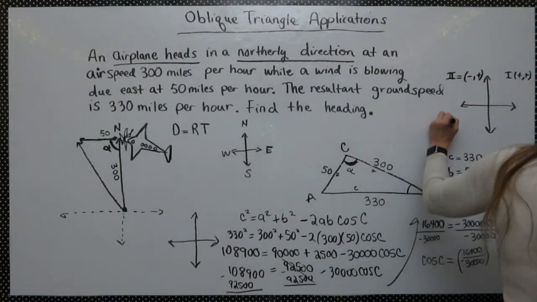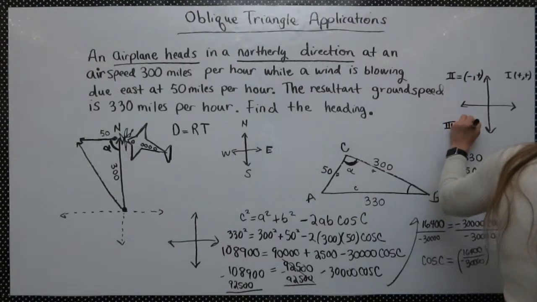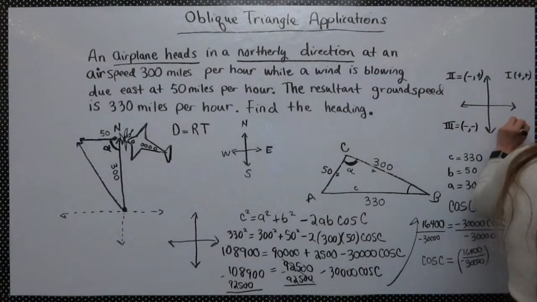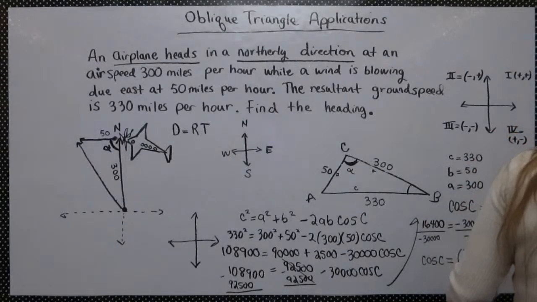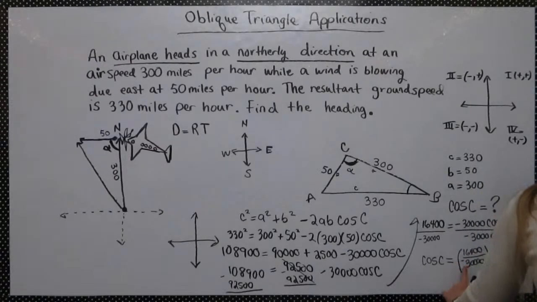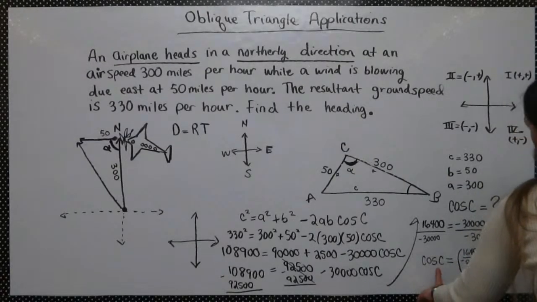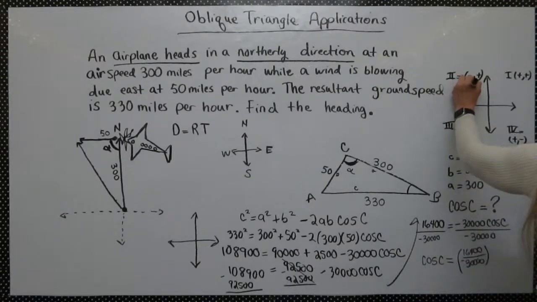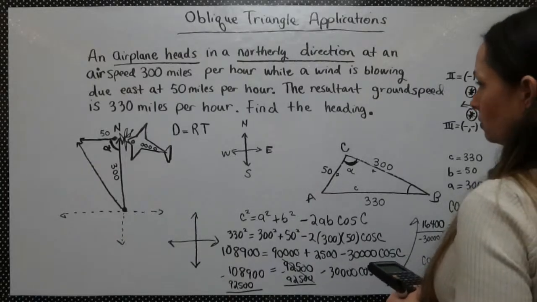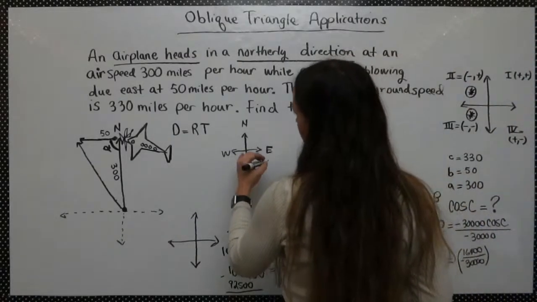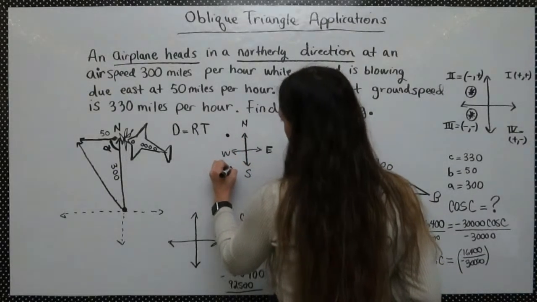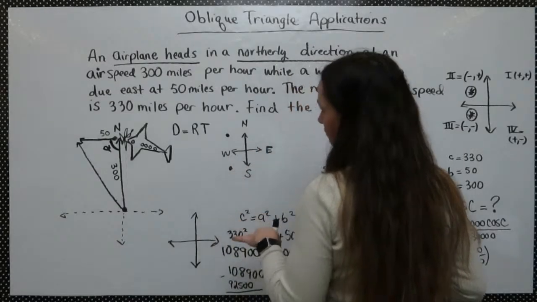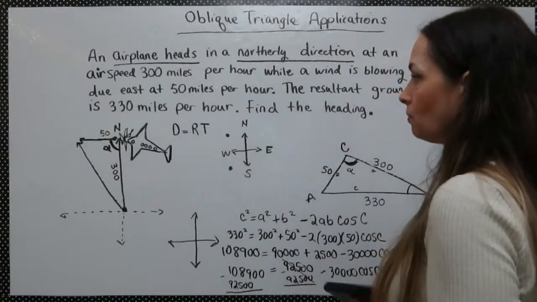And then third quadrant, they're both negative, and then the fourth quadrant, we've got cosine positive and sine negative. So we have a negative cosine. And so we have to be either here or here. So for the compass, I'm headed north, I have to be over here somewhere or here. So depending on how strong that wind is affecting my ground speed is where I'm going to be headed.